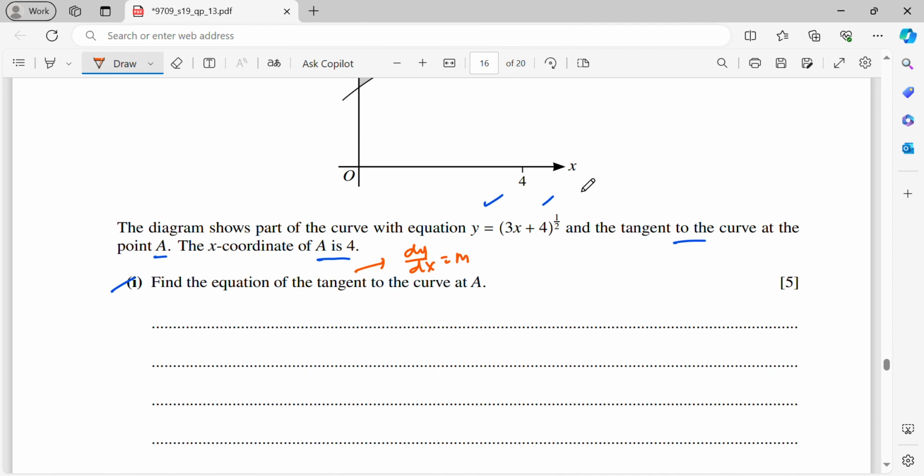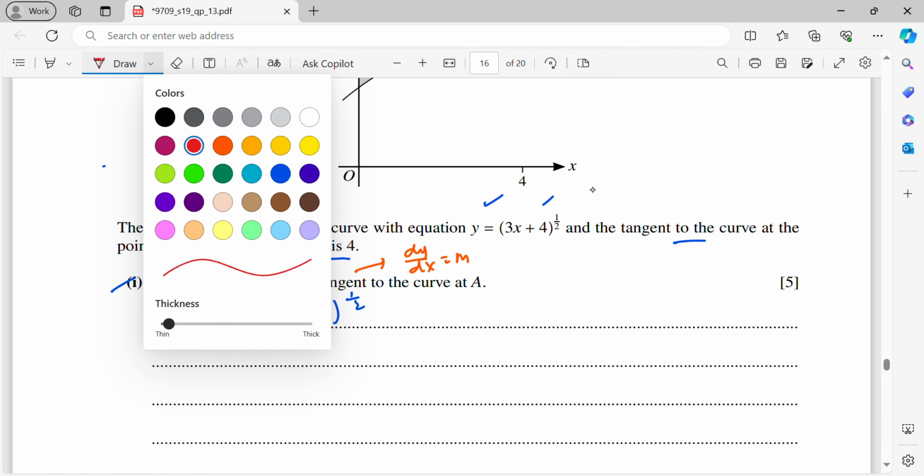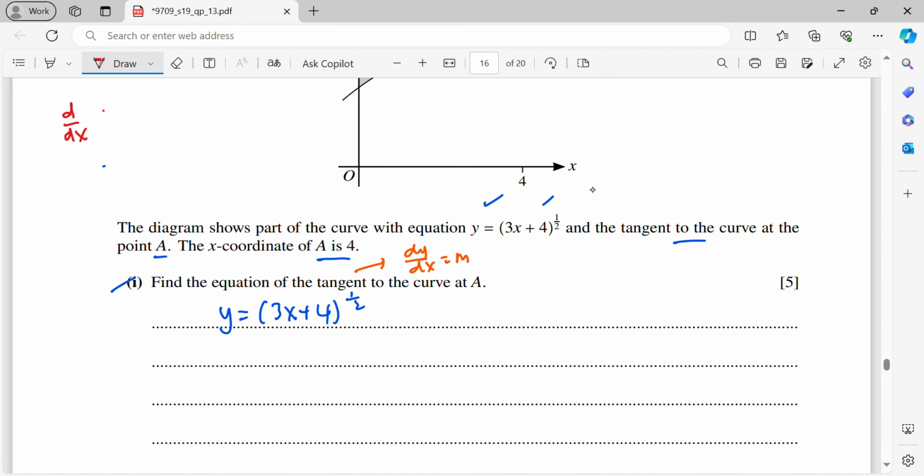Okay, so now I need to differentiate my y. My y is (3x plus 4) to the power half. So differentiation of f(x) to the power n, this is the power rule, is n times f(x) to the power n minus 1, then times f prime x.